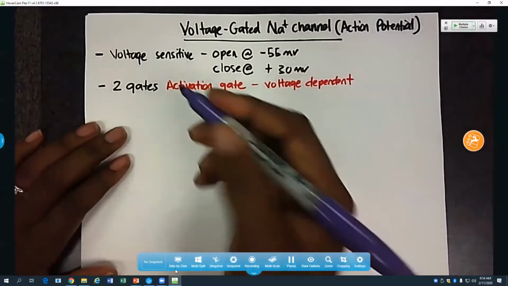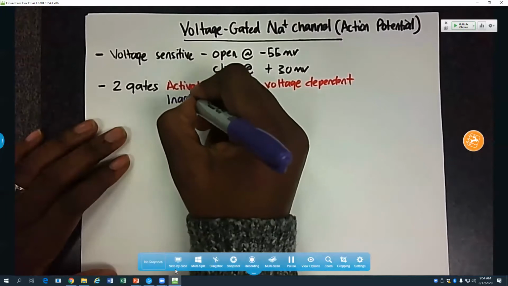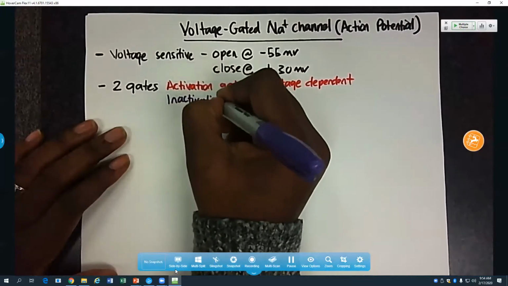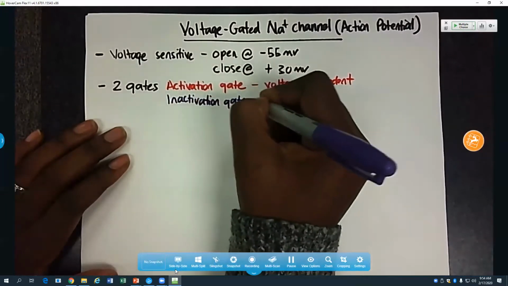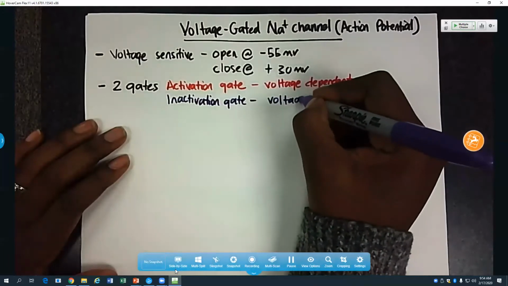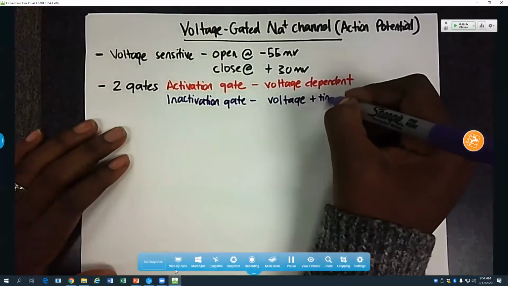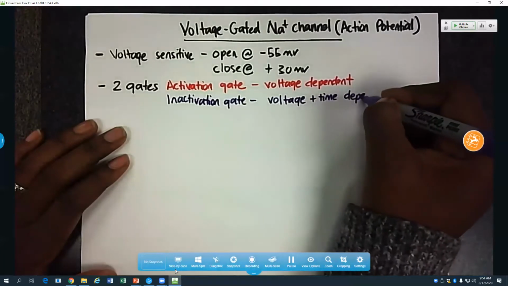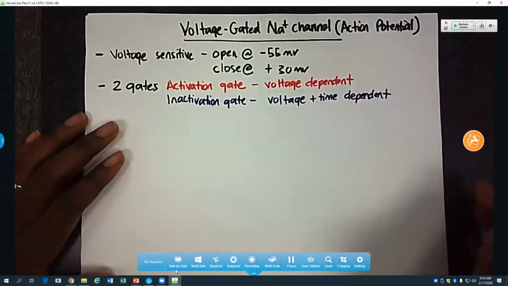And there's also an inactivation gate that is both voltage and time sensitive. Okay.